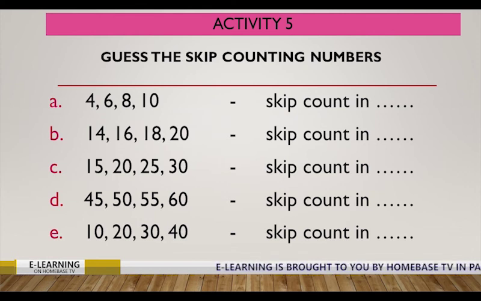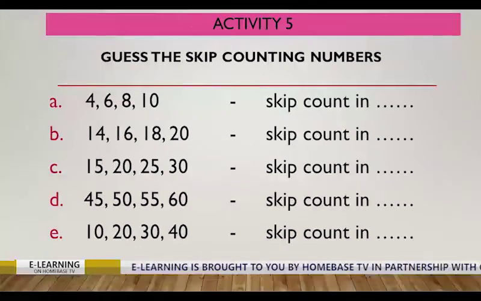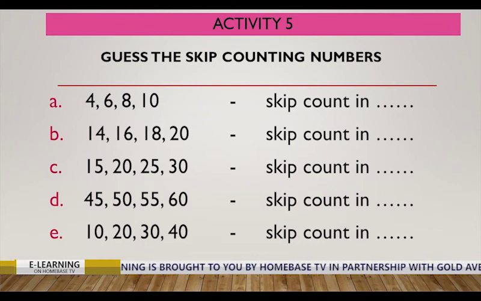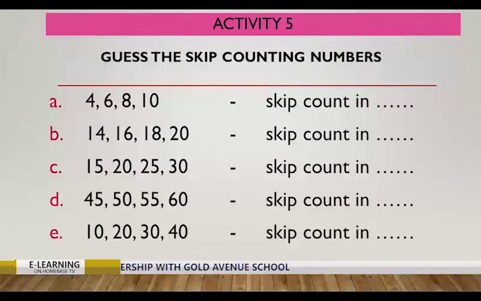Then the last one, we have 10, 20, 30, and 40. You are going to guess the skip counting number, whether in twos, in fours, in fives, or in tens. You can use your numbers ranging from 1 to 100 to get these numbers correct.